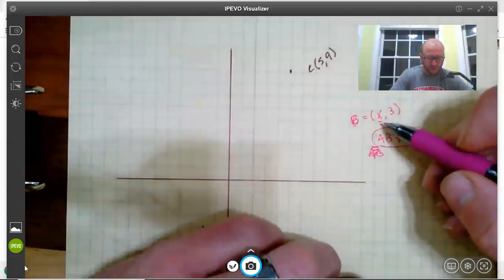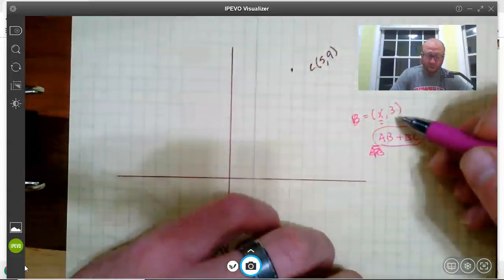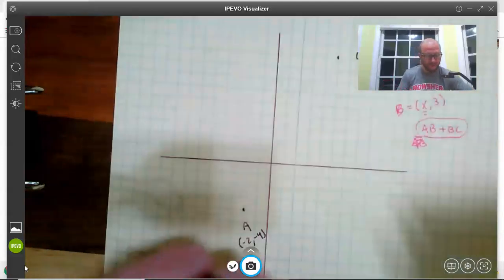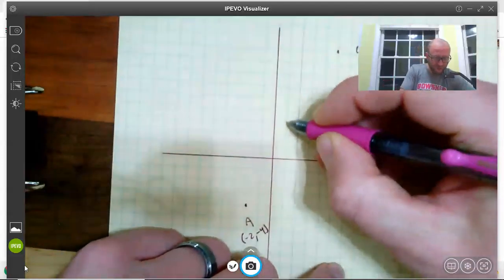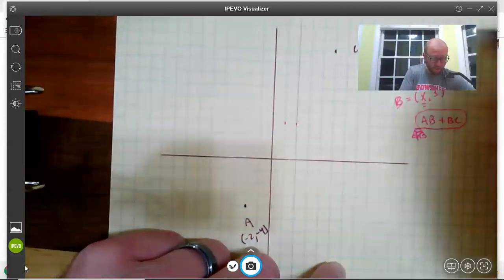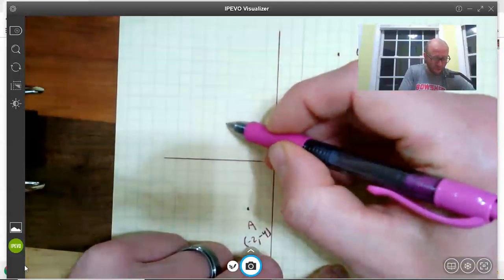Well, first, let's think about where this point B could be. So we know it has a y coordinate of 3, but we don't know its x coordinate, which means that it could be, for example, (1, 3), or (2, 3), or (-2, 3), or (-4, 3).